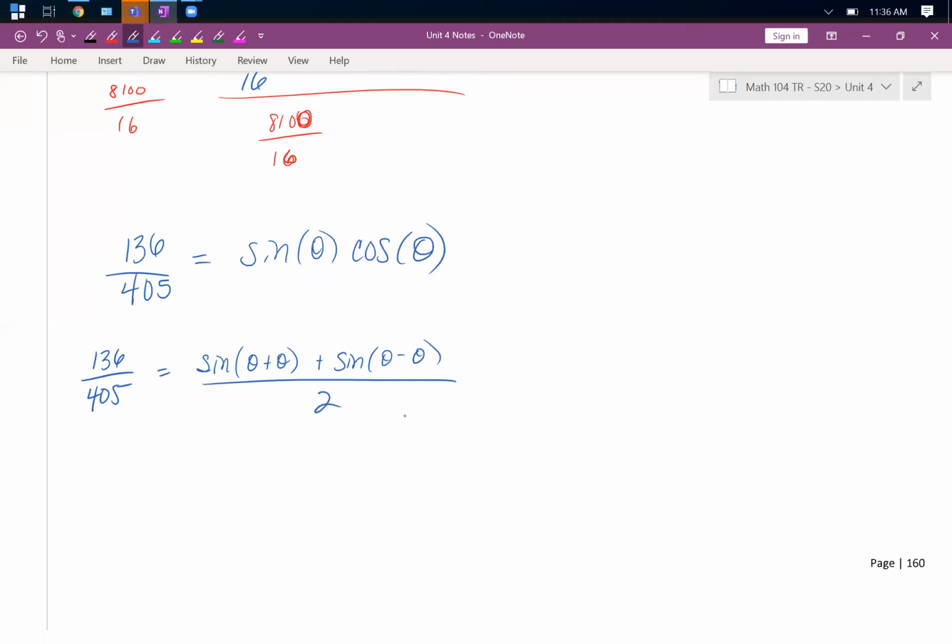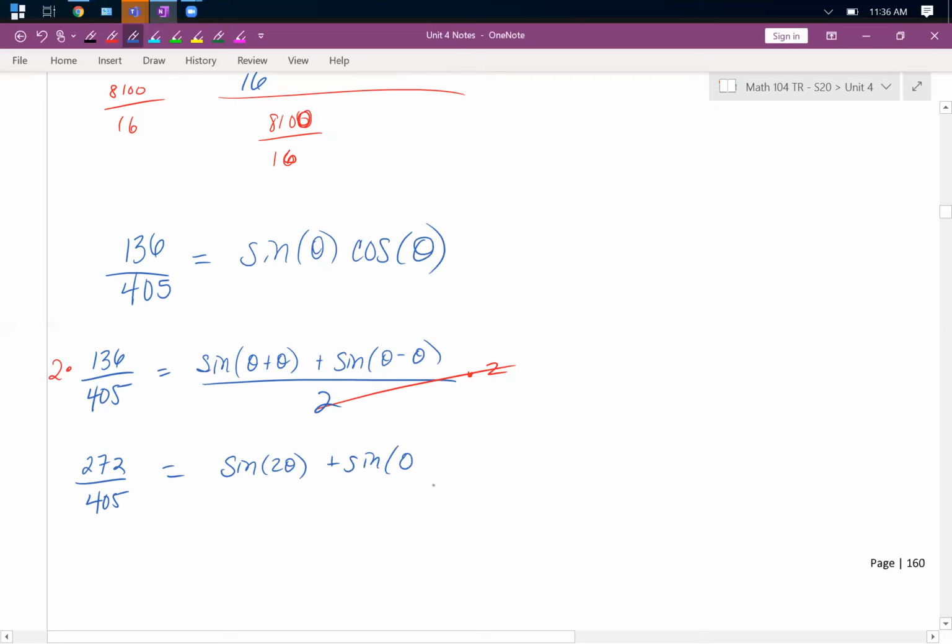I'm going to combine those arguments, and I'm going to multiply both sides by 2 to get rid of this denominator here. It's going to give us 272 over 405 equals sine of 2 theta plus sine of 0. Well, what's sine of 0? That's on our unit circle. What's sine of 0?